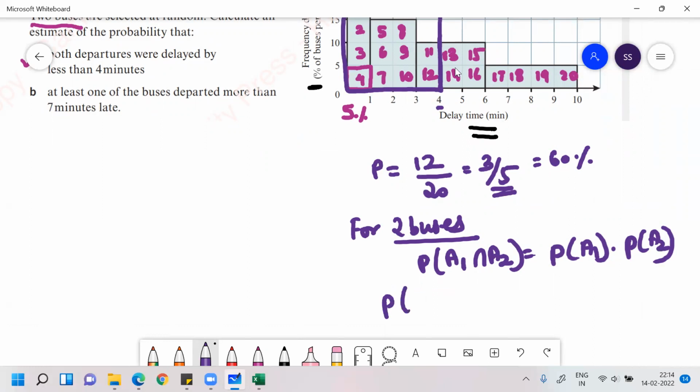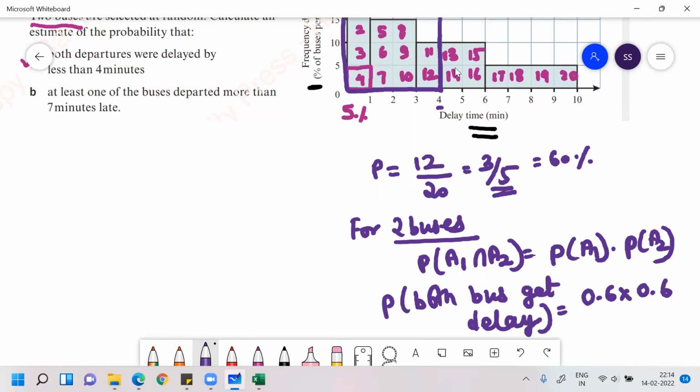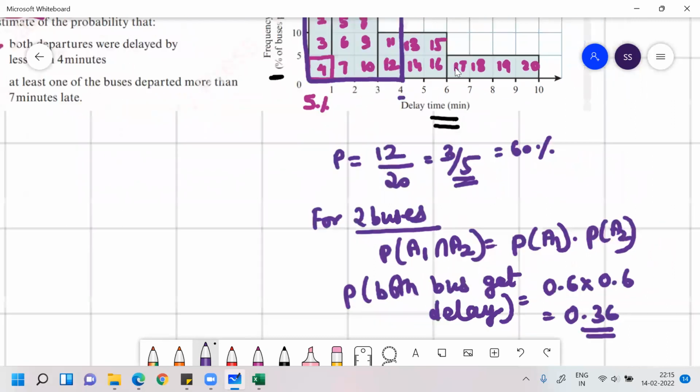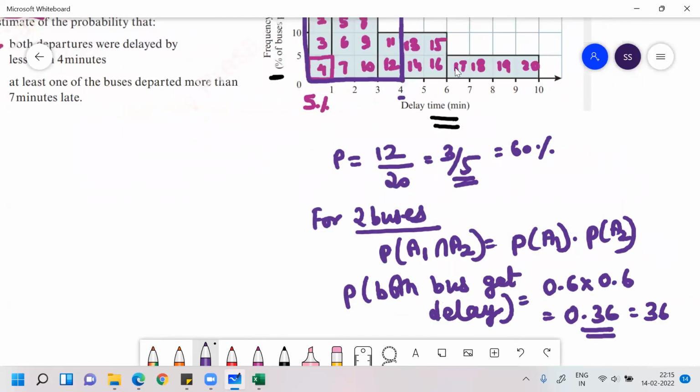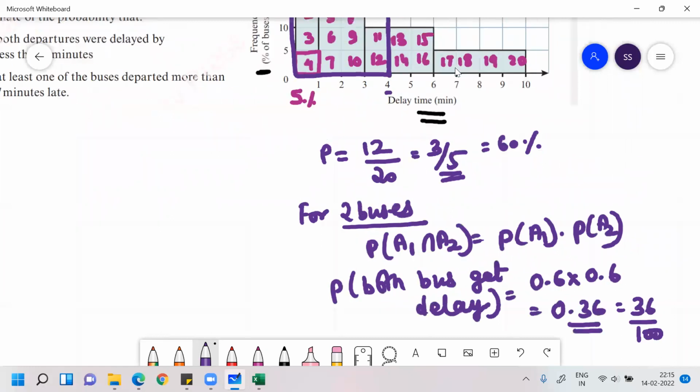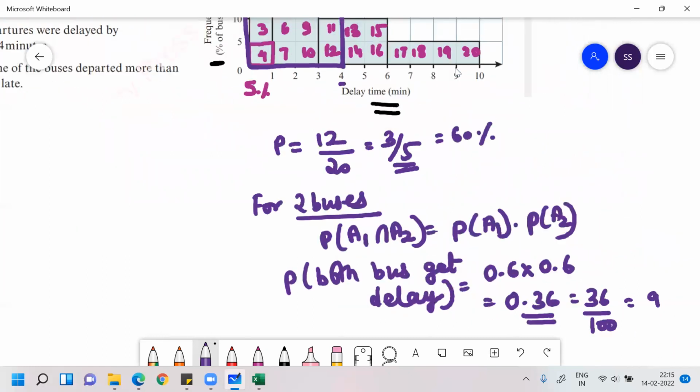So the probability that both buses get delayed is 60% times 60%. The net probability is 36%, which you can write as 36 by 100, or 9 by 25. Clear?